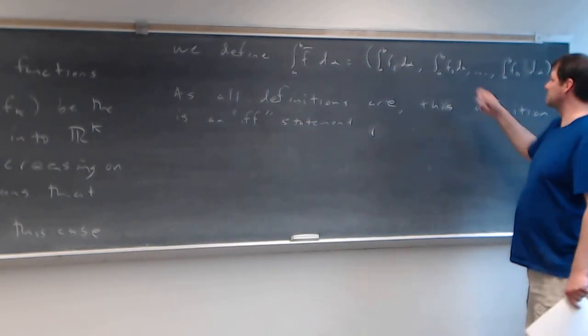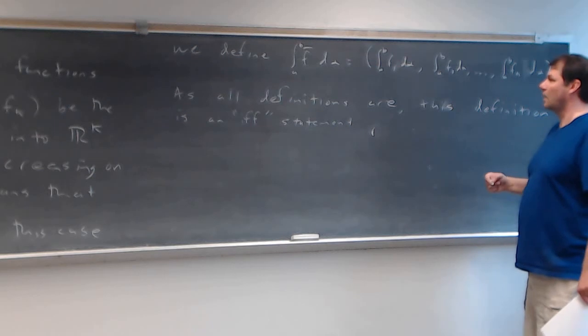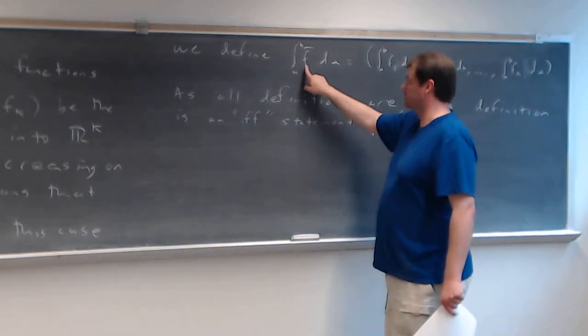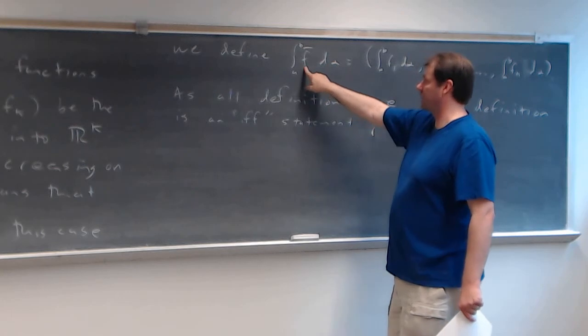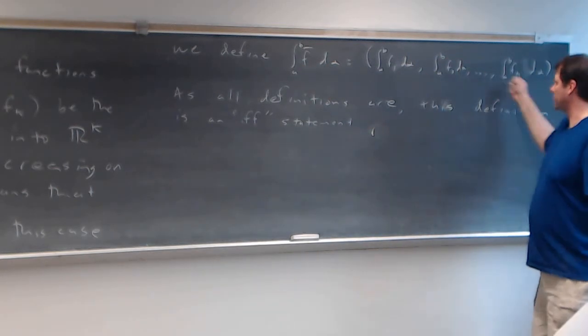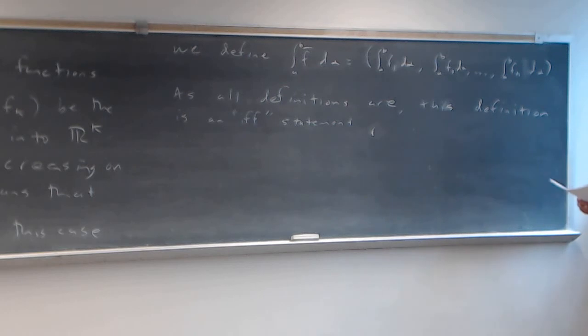So if each individual component is Riemann-Stieltjes integrable with respect to alpha, so is the vector value function, and if the vector value function is Riemann-Stieltjes integrable with respect to alpha, then so are each one of its components.